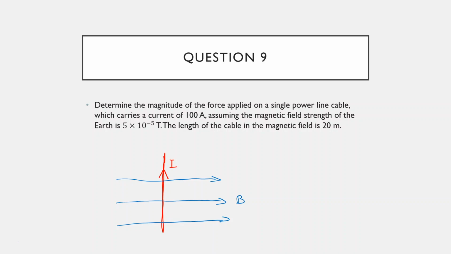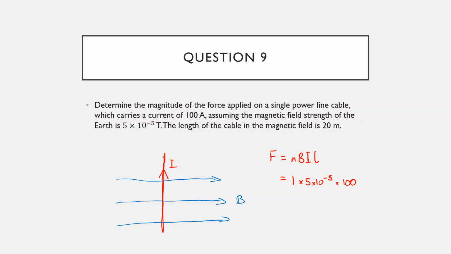So that's just using F equals NBIL, because we're talking about a current rather than a single charged particle. N is the number of wires. It tells us there's only one wire, so that's just 1. B is the magnetic field strength, which is 5 times 10 to the negative 5. I is the current through the wire, which is 100.